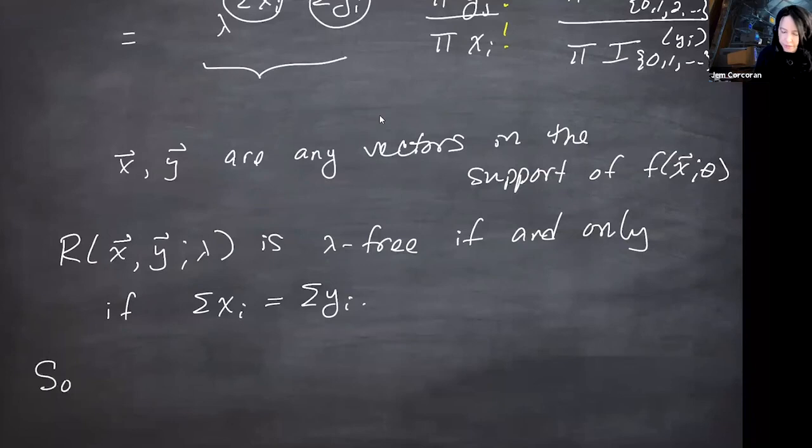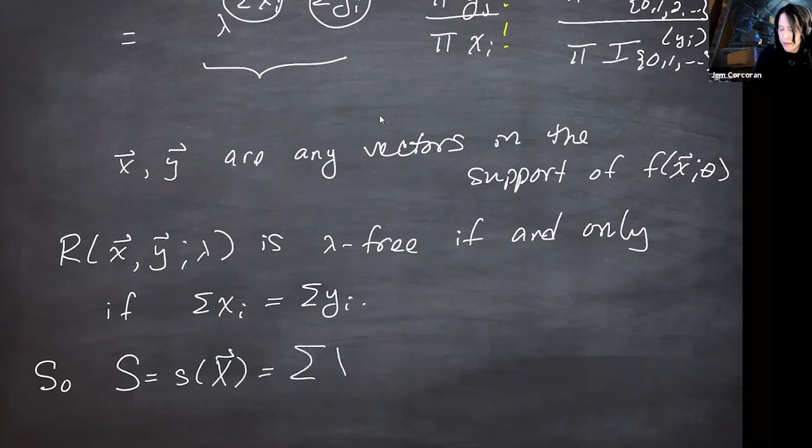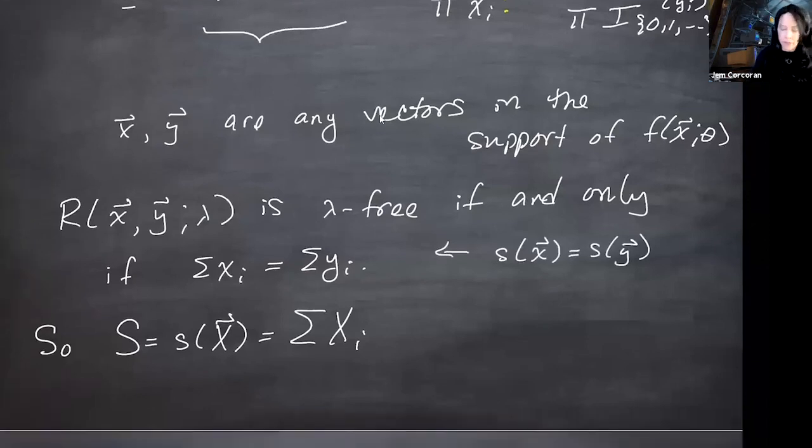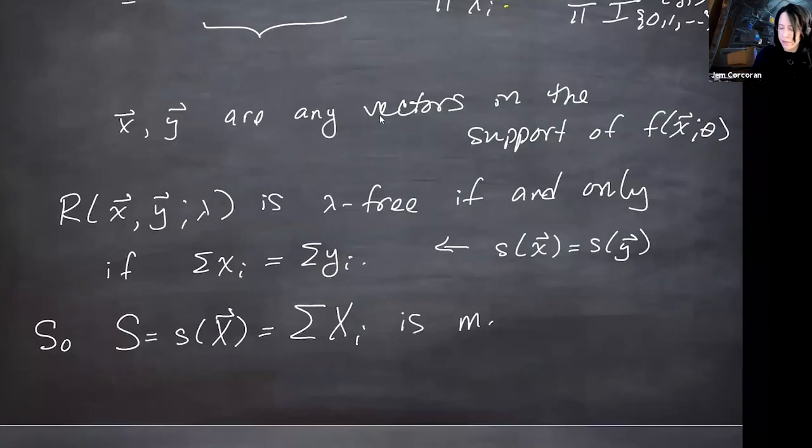So the statistic S, defined to be S of X, I guess I want this capital now, defined to be the sum of the X's. So back here, I've got S of the little x's equals S of the little y's, is minimal sufficient.